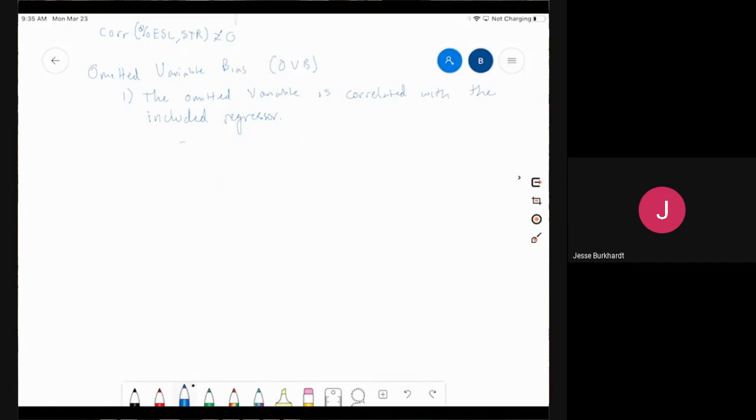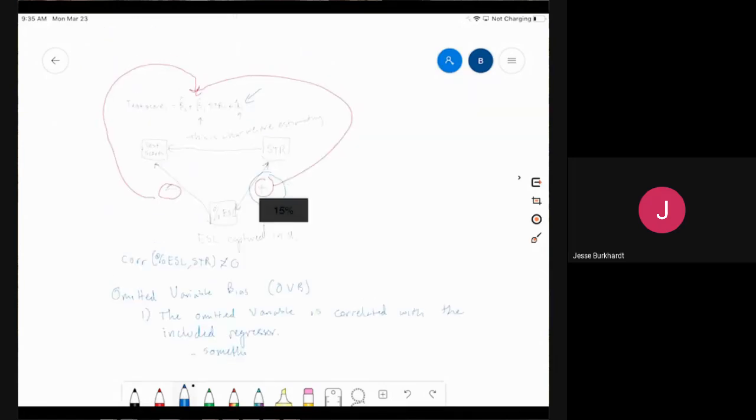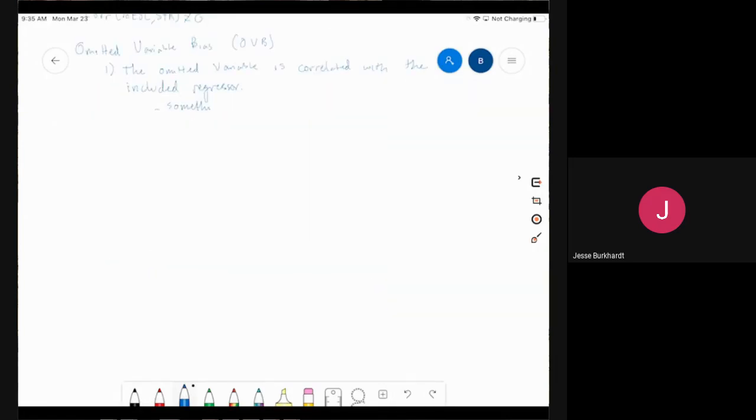Or in other words, something in u_i is correlated with X_i.